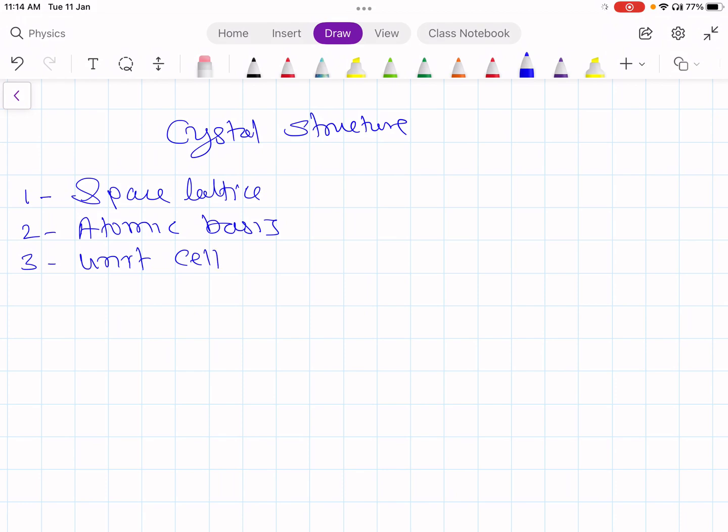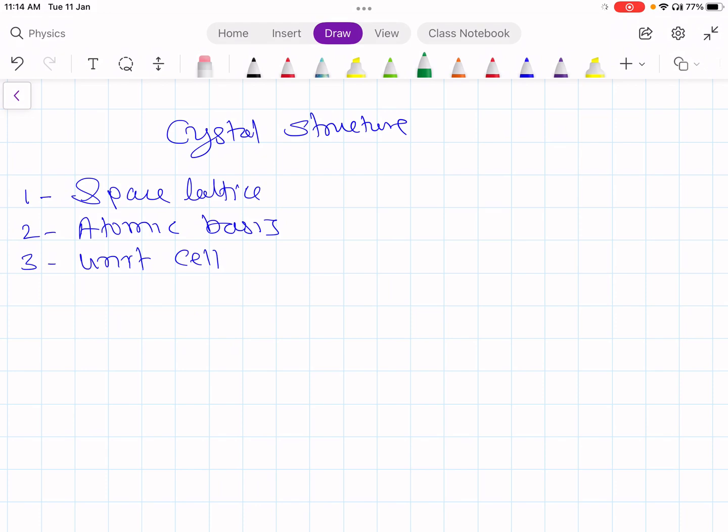These are the basic concepts of crystalline structures. In order to understand the crystal structure, you must have a clear idea about these concepts, then only you will understand crystal structure. Let us study one by one.